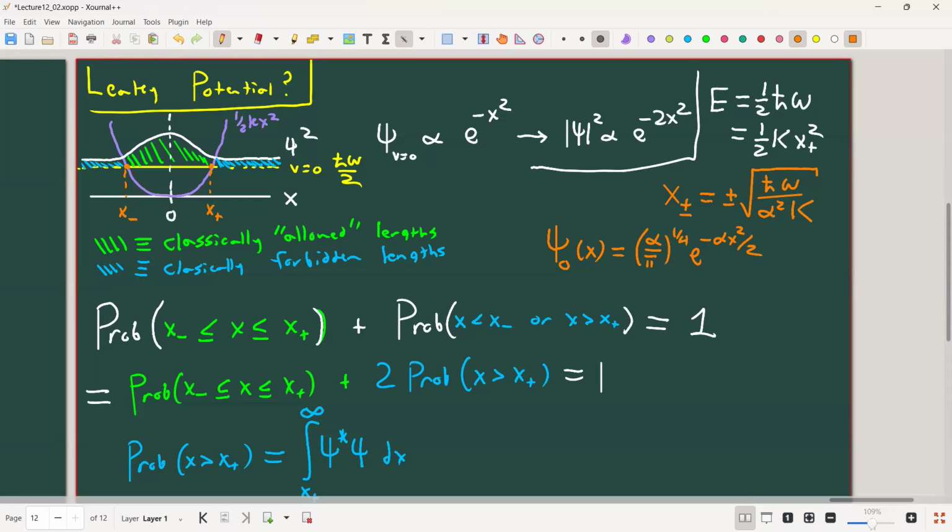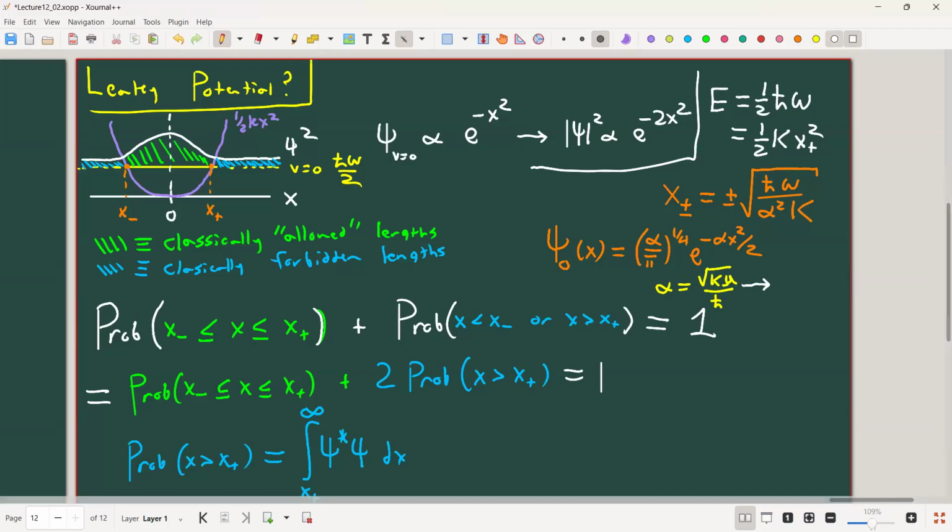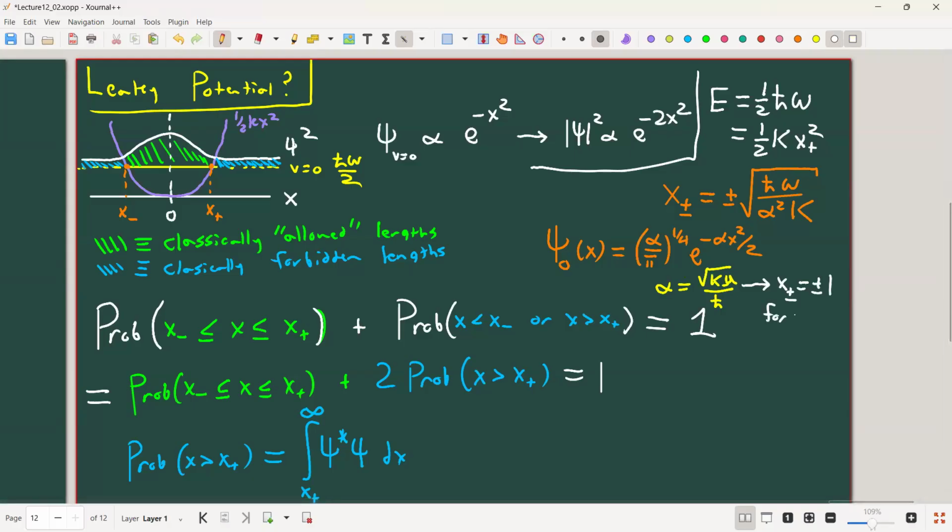But I can simplify some of these things, because there's a k in omega, and alpha also has some k and mu in it as well. Let me remind you that alpha is equal to the square root of k times the reduced mass divided by h bar. Once you plug all of this in, you find that x plus or minus is equal to plus or minus 1 for v equals 0. That's really nice.